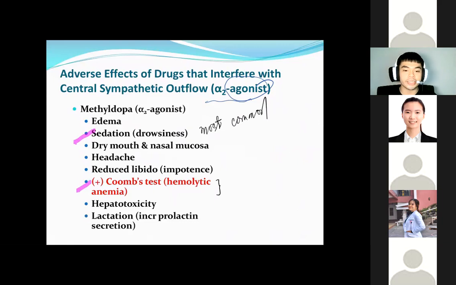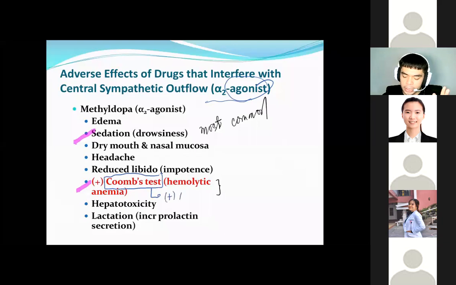Now, focus tayo sa positive Coombs test. Para maintindihan natin ang ibig sabihin ng Coombs test or positive Coombs test, i-explain muna natin ang principle of this procedure, yung Coombs test. Again, discuss muna natin what is Coombs test. Ang Coombs test ay isang diagnostic procedure to check the presence of antibody that destroys red blood cells.